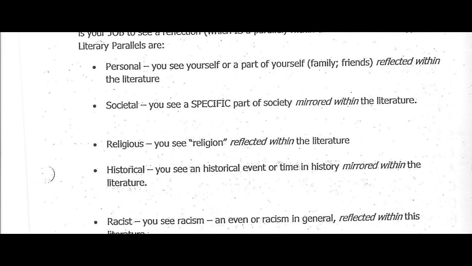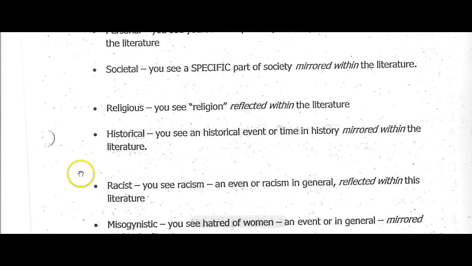personal. You see yourself or a part of yourself, your family, or your friends reflected or mirrored in the literature. Societal. You see a specific part of society mirrored within the literature. Religious. You see religion reflected within the literature. Historical. You see an historical event or time in history mirrored within the literature. Racist.